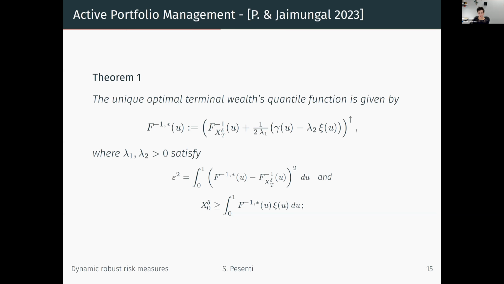So again we have these linear combinations of the benchmark and the risk measure, and the xi here comes from the additional constraint, and the constants lambda 1, lambda 2 are such that the additional constraints are fulfilled. So we have again this nice linear combination.